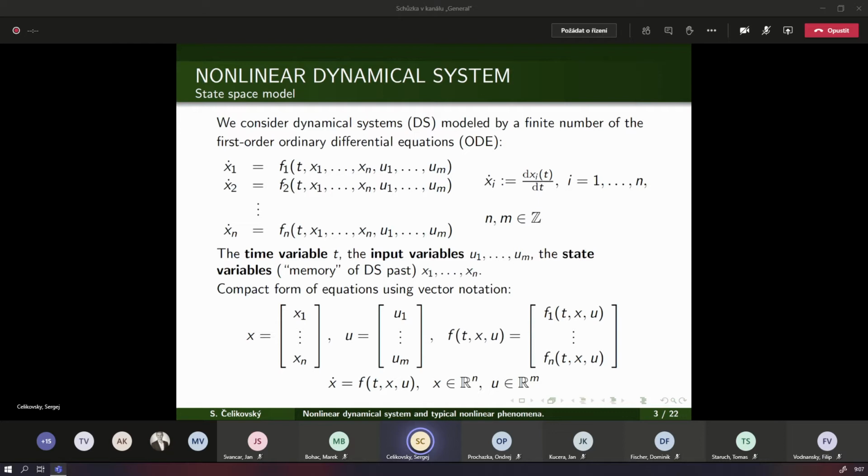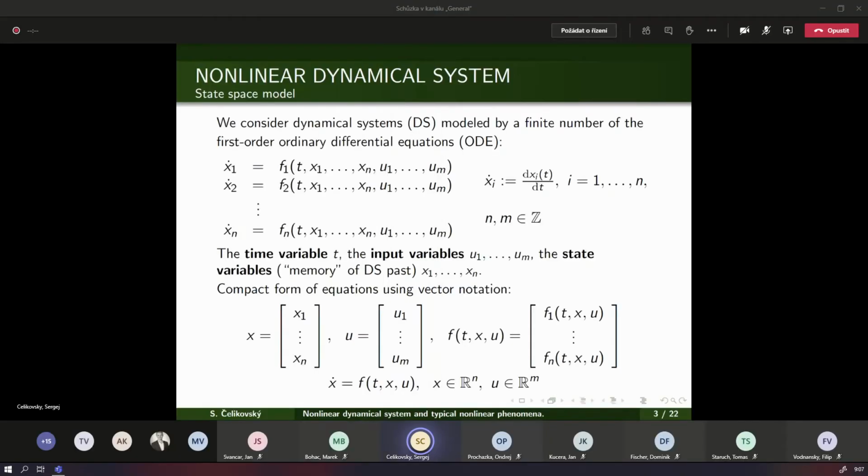So let's start with the exposition. So you can see this is the basic model we will use. So we have n state variables, and they form ordinary differential equations.